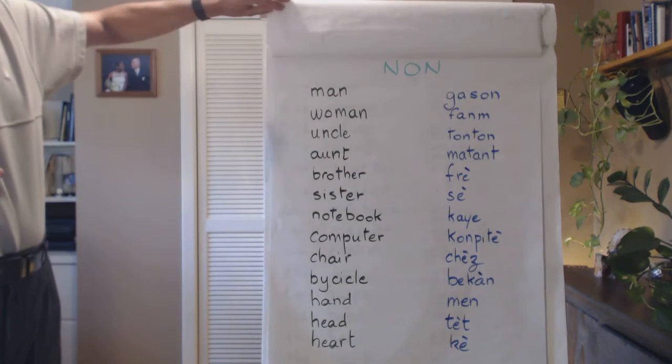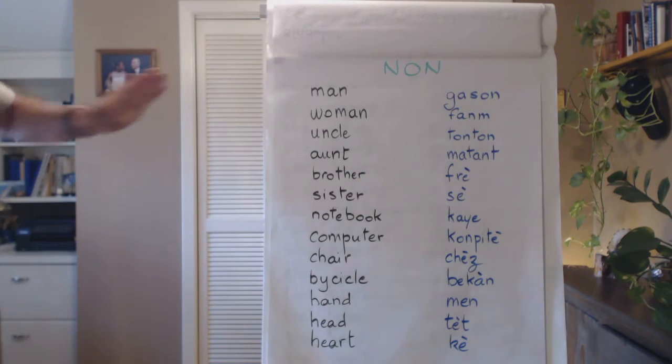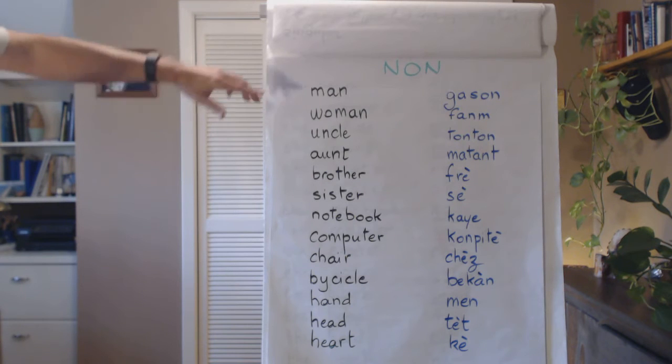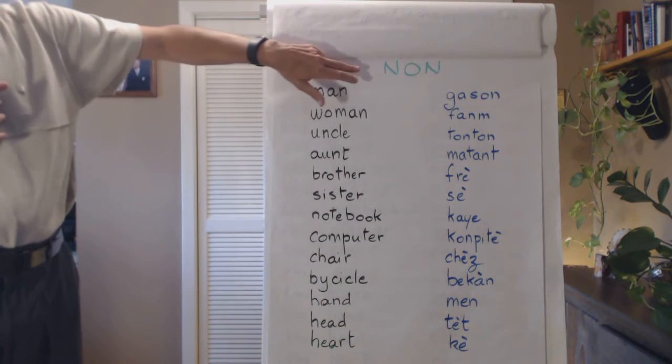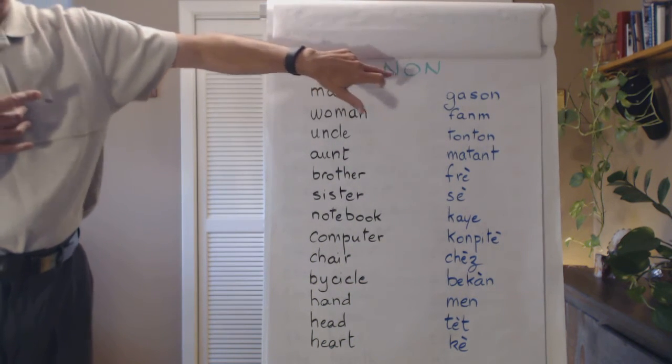So let's look at a couple of examples. So here we have some nouns, right? Noun in Creole is non, N-O-N, non.